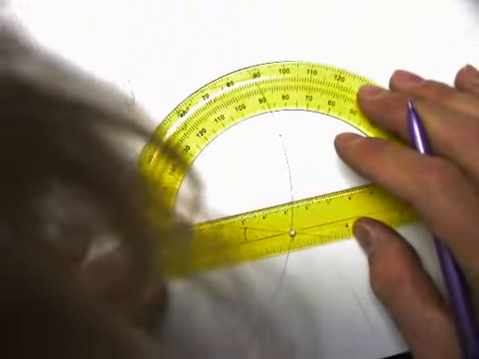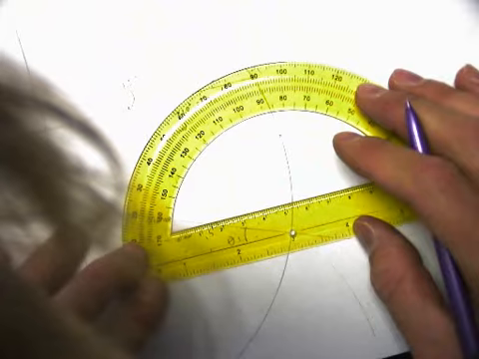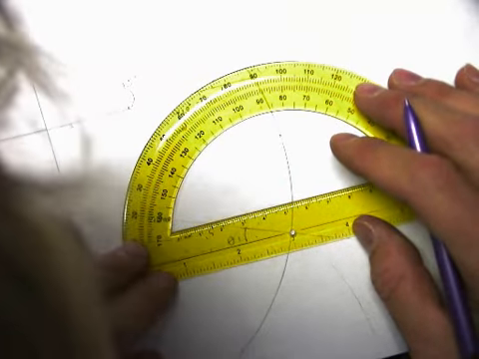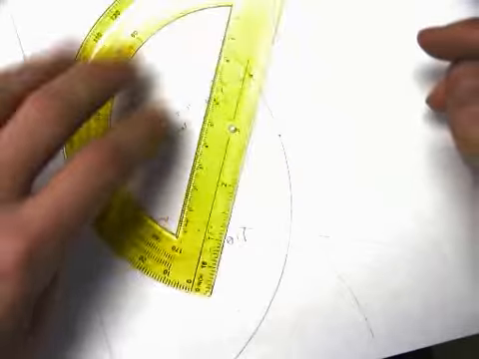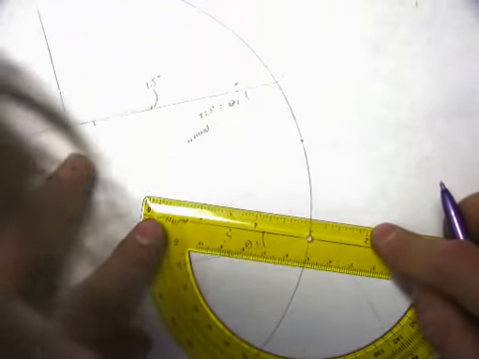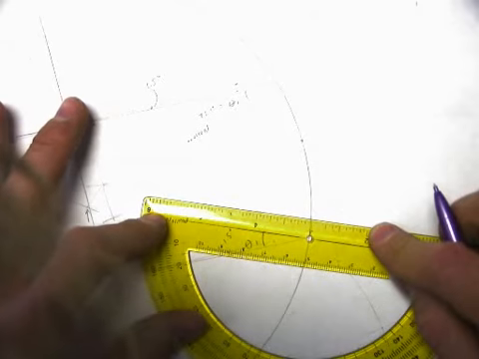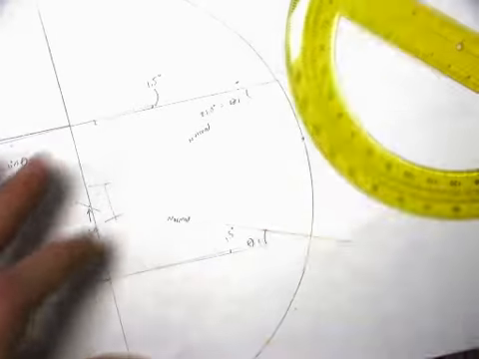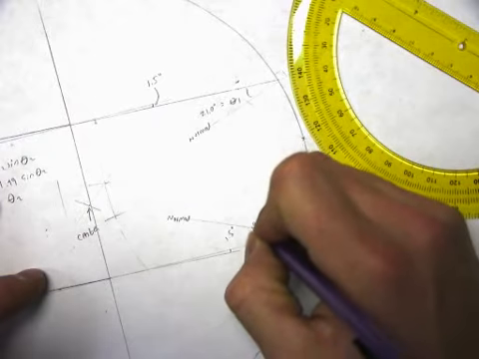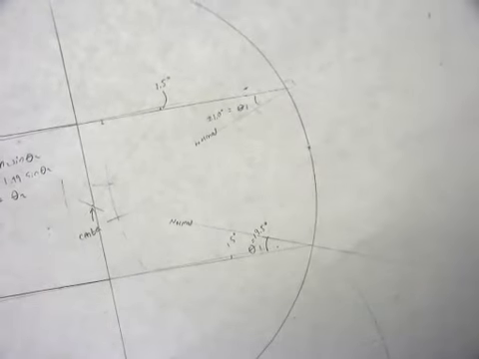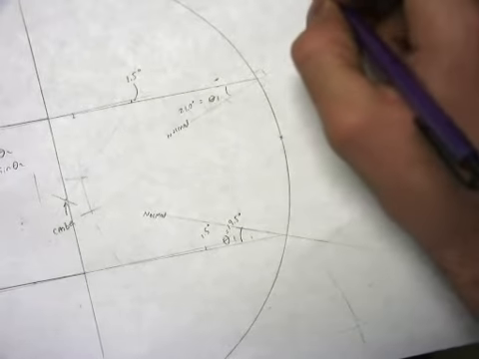And then it's like 19.5. 19.5 and 21 degrees. So I'm going to run both of those through Snell's law.